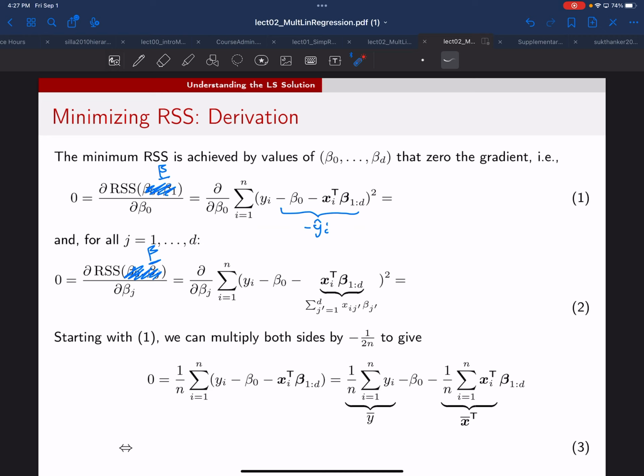So just as before, we can move the derivative through the sum due to linearity, and then we apply the chain rule.